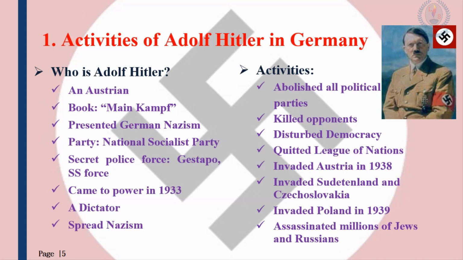After some time, Hitler invaded Norway, Denmark, Holland, and Belgium. And then he attacked Russia with no clear reason, but it failed. And in May 1945, he committed suicide in Germany.